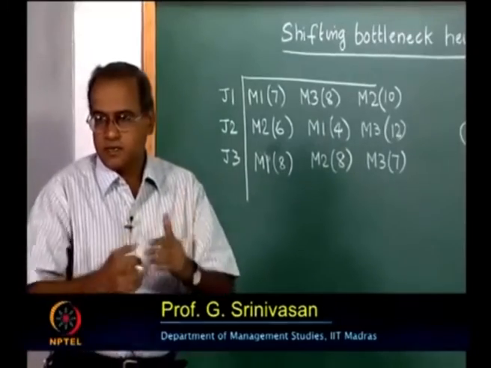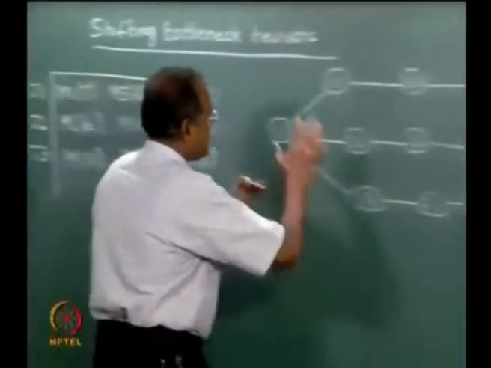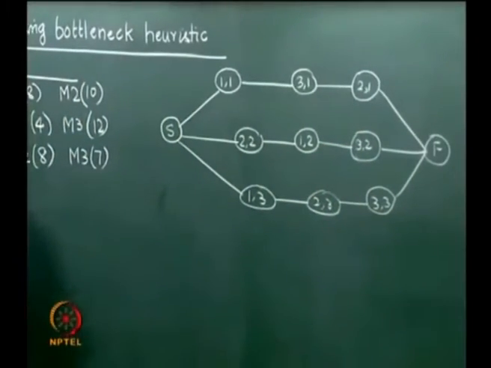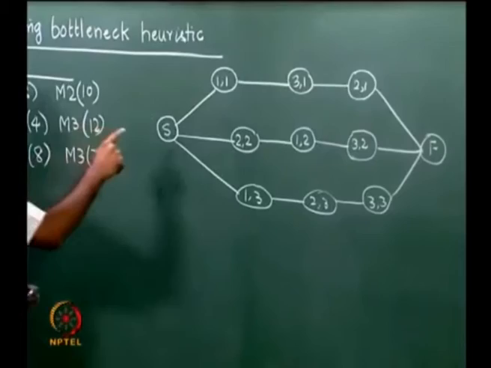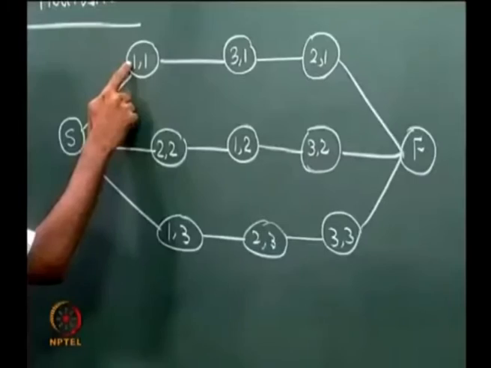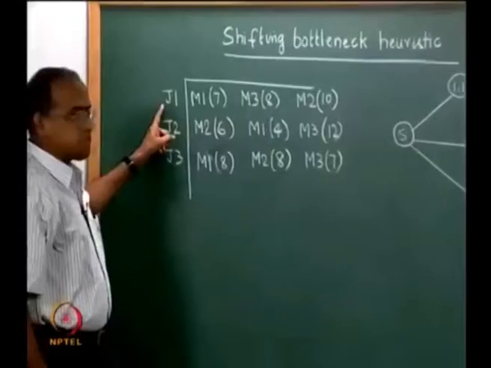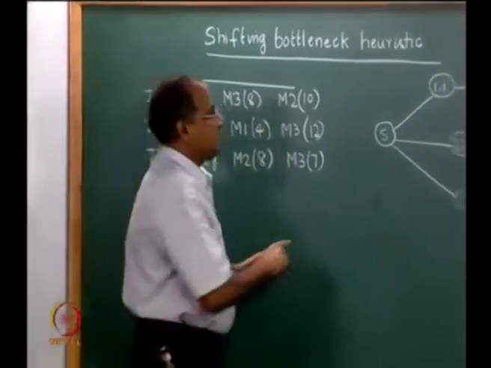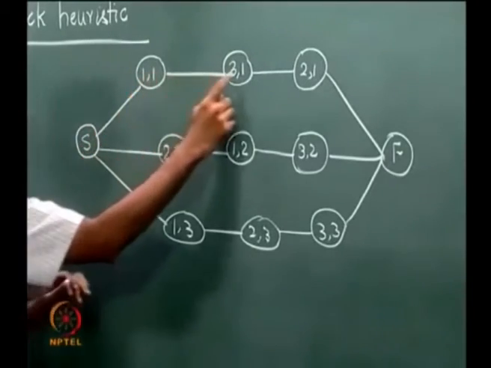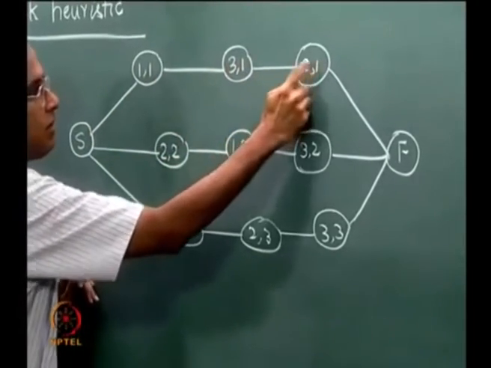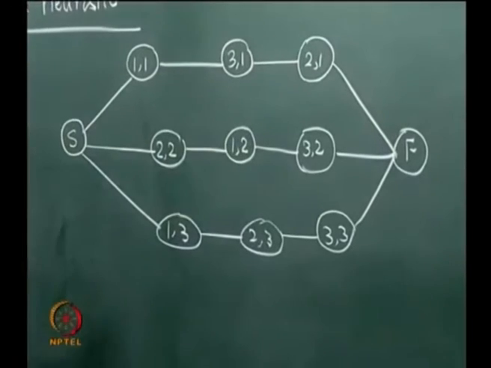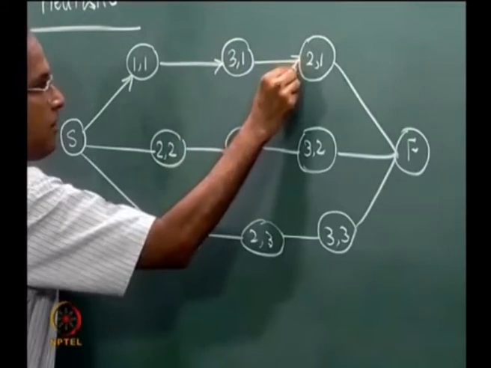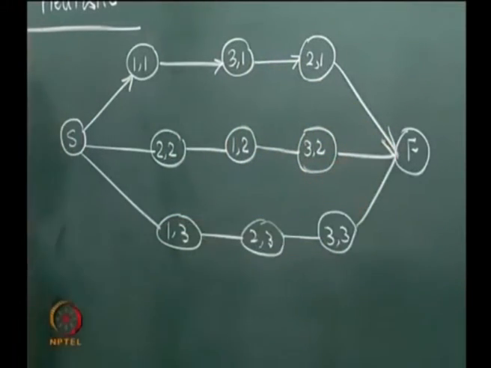So there are 3 jobs to be done and these 3 jobs represent these 3 paths in this network. So this would represent that job 1 first visits machine 1. If we see the route of job 1, it is machine 1, machine 3 and machine 2. So if we trace the path of job 1, then the arrows will have to be like this.